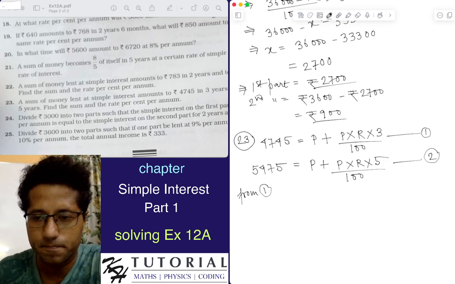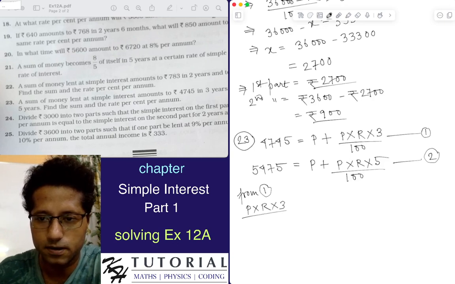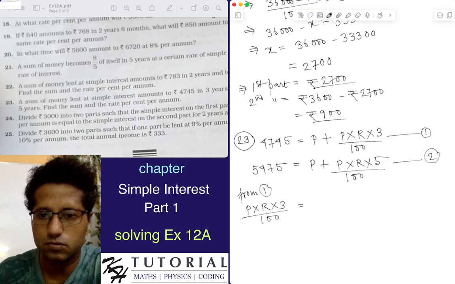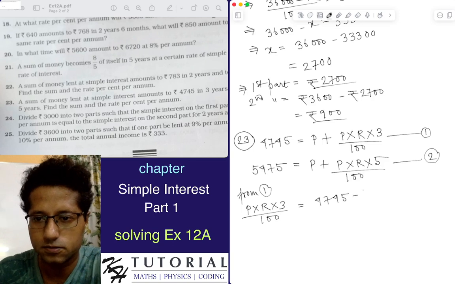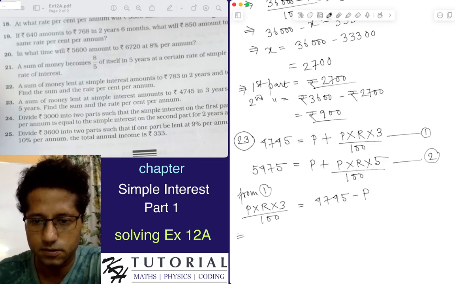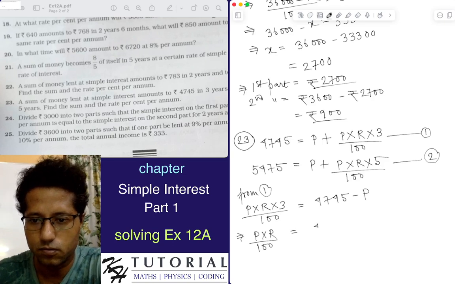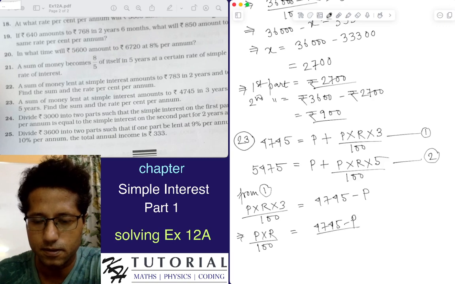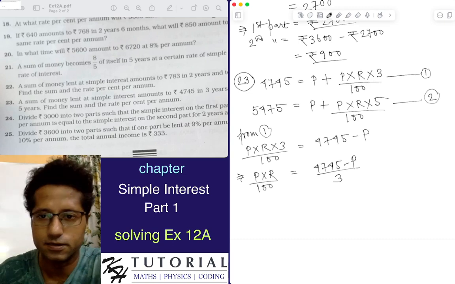From 1 we get that P into R into 3 by 100 is equal to 4745 minus P. Now this implies P into R by 100 will be equal to 4745 minus P divided by 3. We have PR by 100. From 1 we get this.